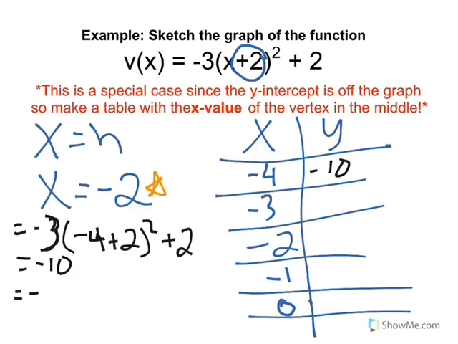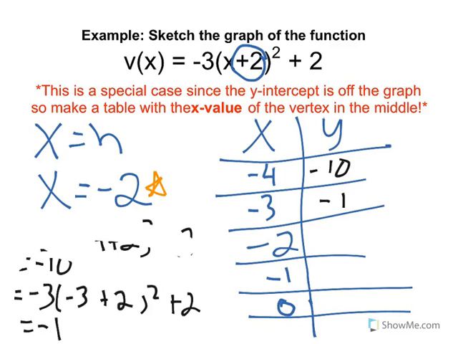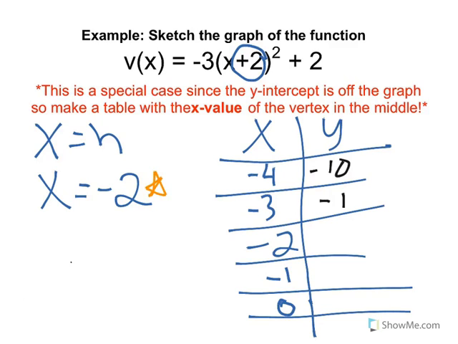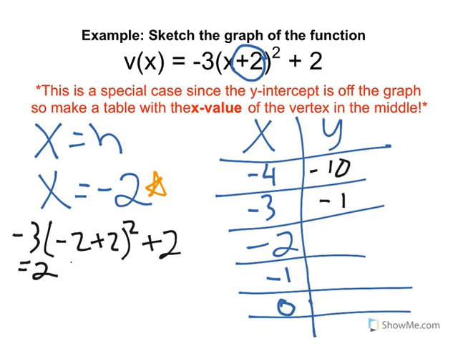So then if I do -3 for my value, that should give us back out -1. So then you can do all of the rest also. Let me erase these, I got a little bit more room. So we have -3 times -2 plus 2 squared plus 2, and that gives us 2.